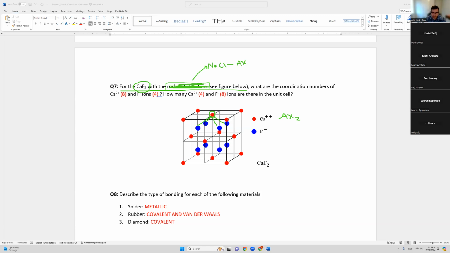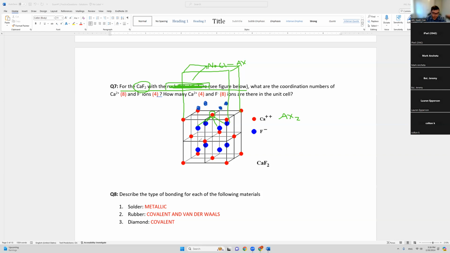If you put another unit cell on top of this, there will be 4 more fluorine ions at the top, in that unit cell.